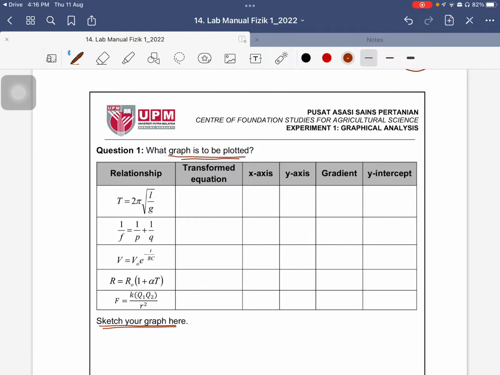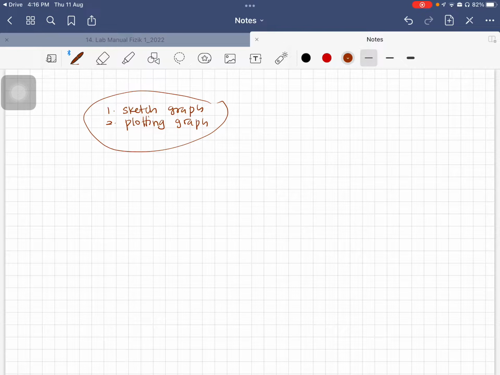Any equation in our syllabus can be turned into the form of y equal to mx plus c, right? Do you remember what the y equal to mx plus c graph represents? It represents a straight line graph.